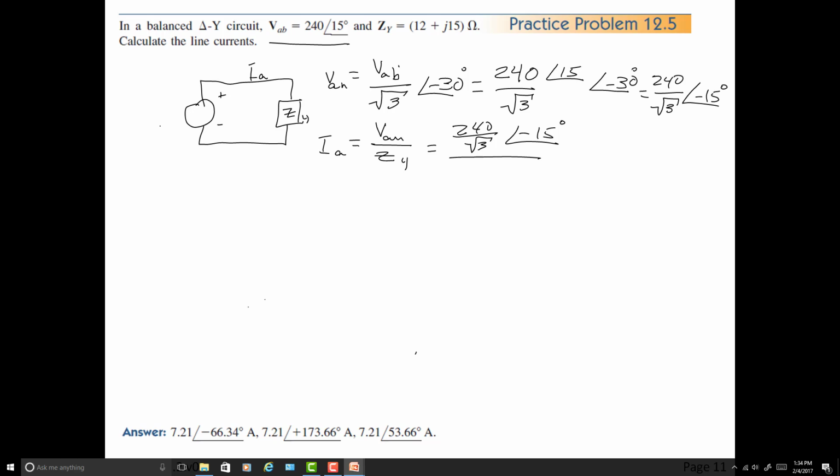So let's take a minute over here for ZY, which is equal to 12 plus j15. I sort of calculated it, but not too close. It's 19.2. We know it's a little bigger than 15. That's almost an equilateral triangle, not quite.